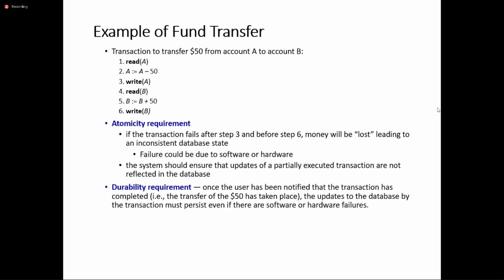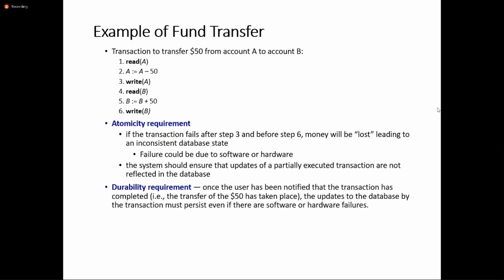Note, however, that the system must at some point be in an inconsistent state, even if the transaction is executed correctly and completes its execution. At that point the value of account A is $950 and the value of account B is $2,000, which is clearly an inconsistent state because the transaction is incomplete.